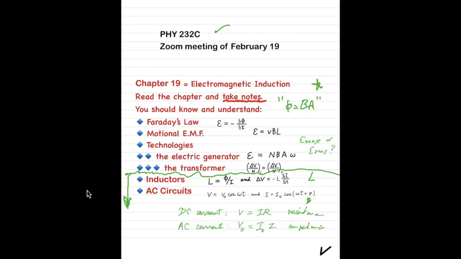V0 is I0 times a constant, only the constant is not the resistance. The constant is what's called the impedance. So actually this last section on AC circuits, that's a long section, and you'll be using that in a lot of the homework problems.